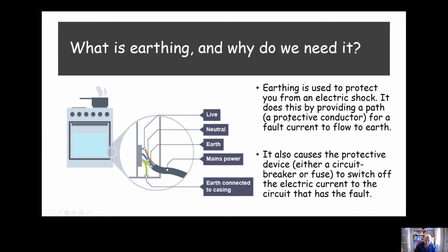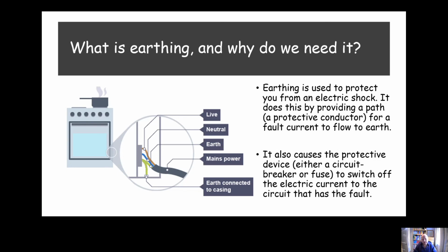Interesting point: electricity will always take the path of least resistance. So if, for example, there was a live wire in contact with some metal casing, and that metal casing also had an earth wire attached to it, if somebody touched the metal casing, the electricity wouldn't flow through the person, it would flow through the earth wire because it has a much lower resistance.